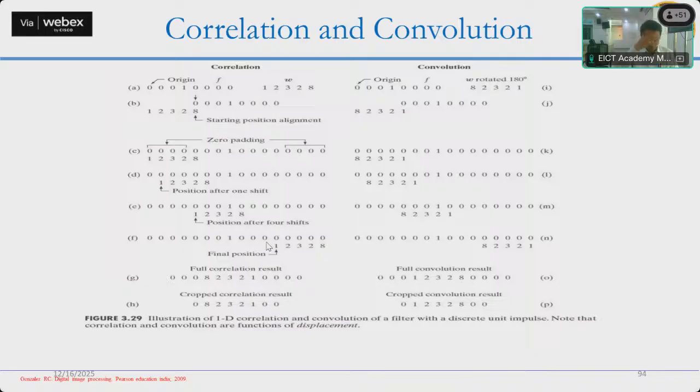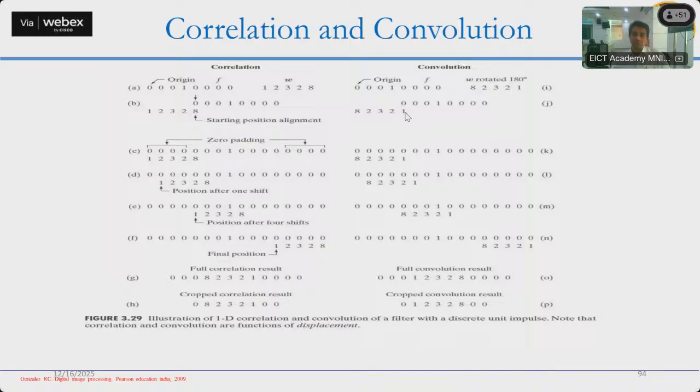So what will be the full correlation result? If you observe, it will be 0, 0, 2, 8, 2, 3, 2. This has been shown. But when we crop it, whatever the original values were in the beginning, we consider them the same, so it will be of the same length.